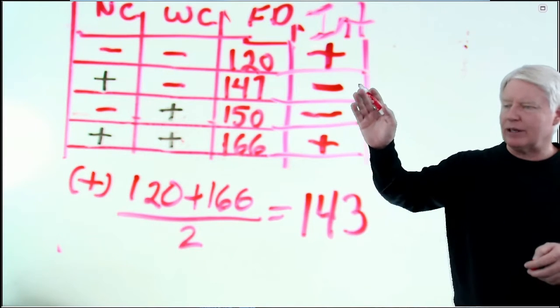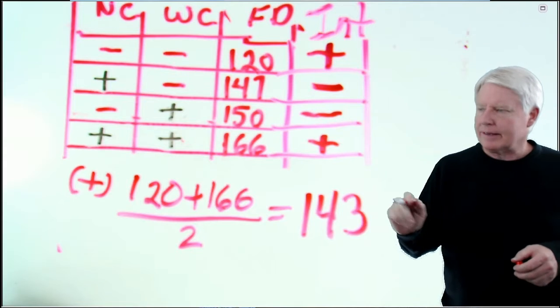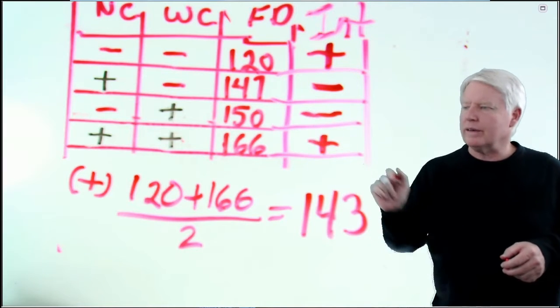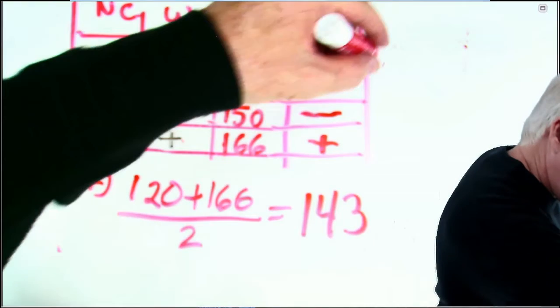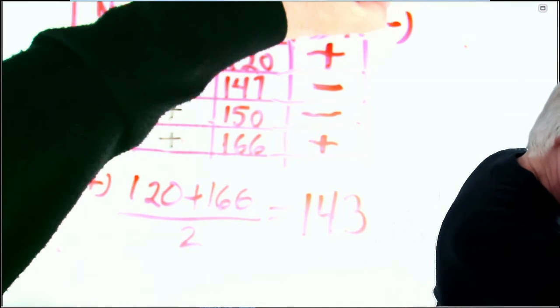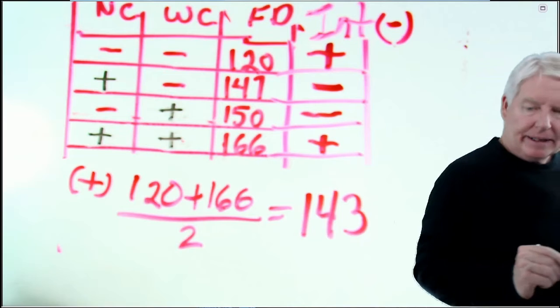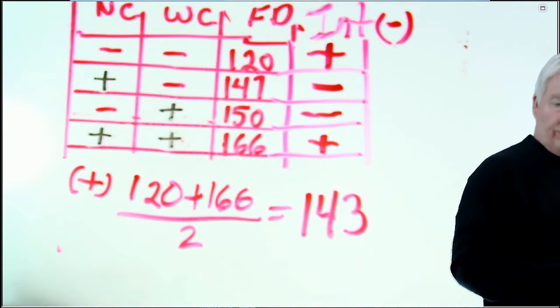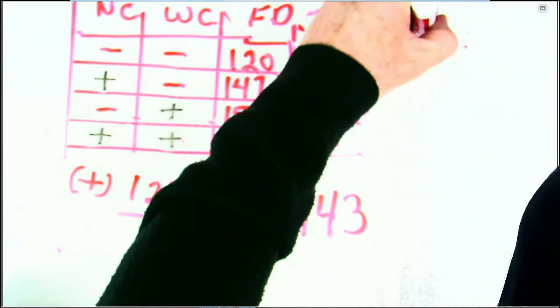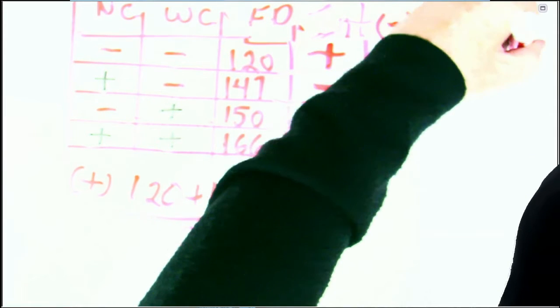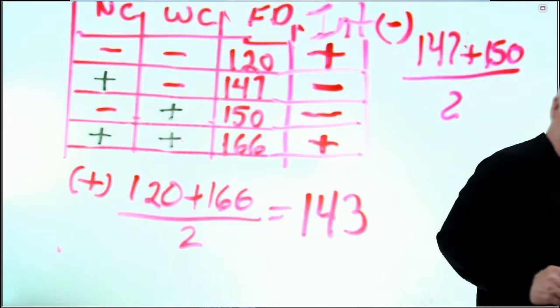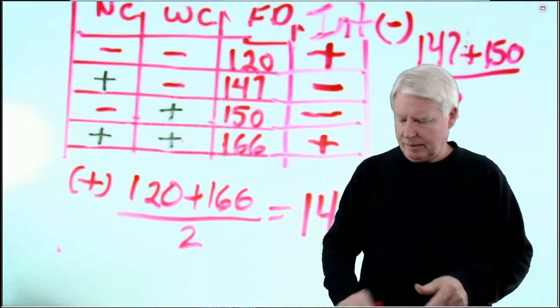Now let's take the average when it's negative, and it's going to be 147 and 150. So let's do that real quick. And I think I'm going to have to put that up here because I'm running out of room, and that's okay. 147 plus 150 divided by 2. Let's go back to my calculator.